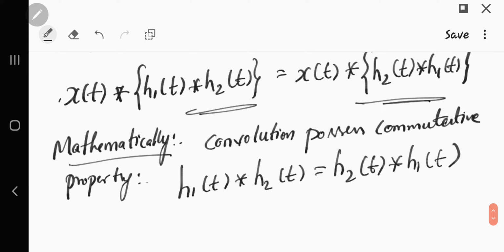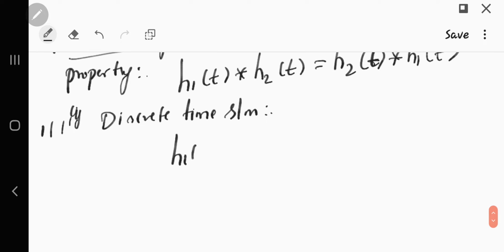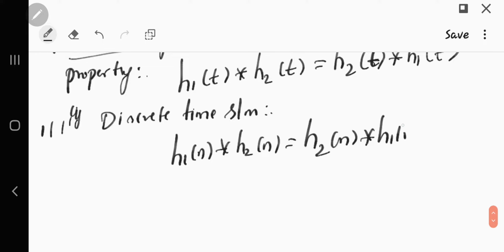Okay. And if you write the same for a discrete time system, that is h1 of n convolved with h2 of n will be equal to h2 of n convolved with h1 of n.